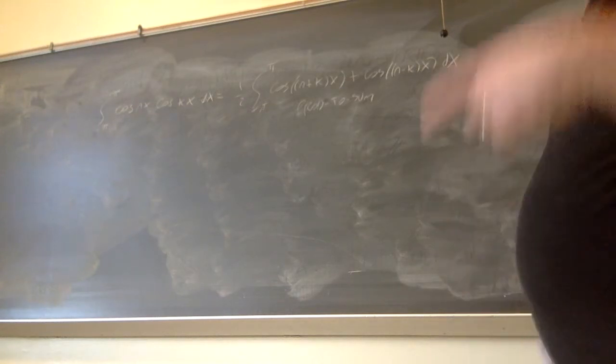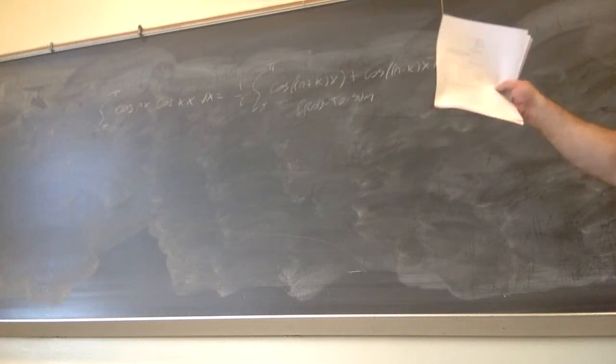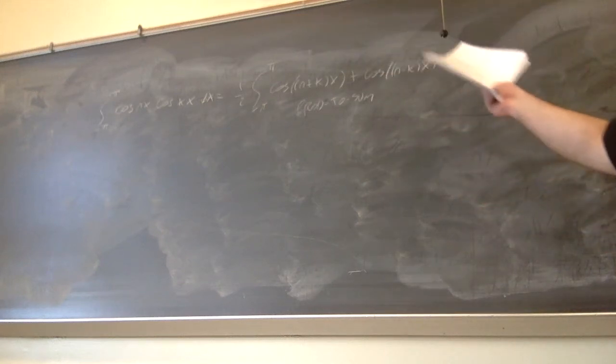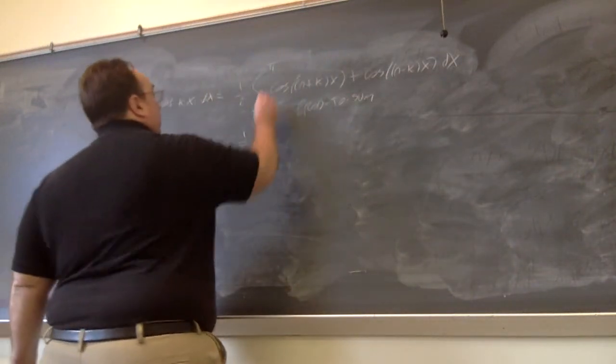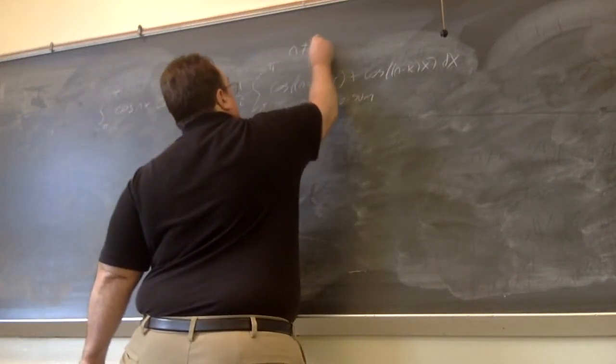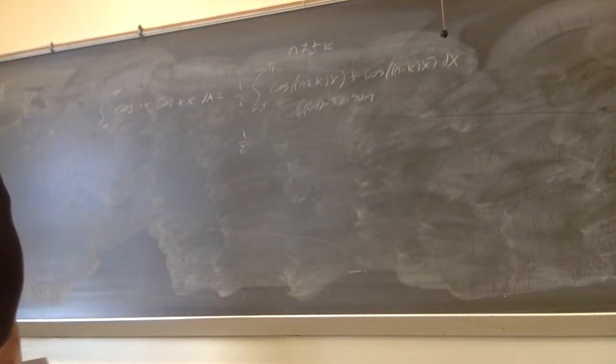And those come from the identities for a cosine of a sum or difference, as you can see here. And now you can integrate, assuming n is not equal to plus or minus k. So we'll just make that assumption right there.